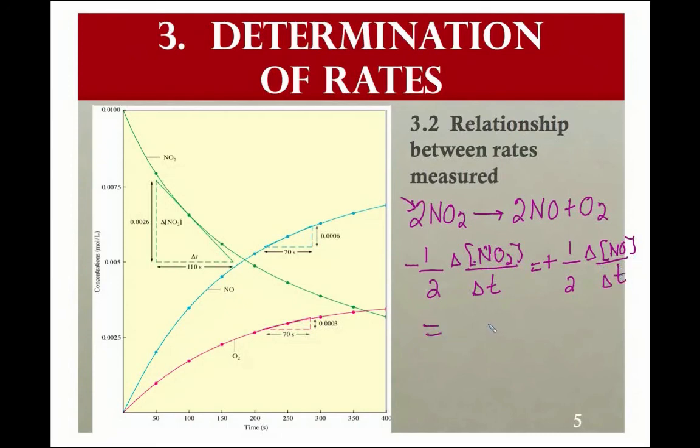And both of those are also equal to, so we could compare any two of the three of these, I'm going to be explicit here, oxygen is 1 over, and we want it over its coefficient, which is an implied 1, and then we would take our delta molarity of our oxygen per time.